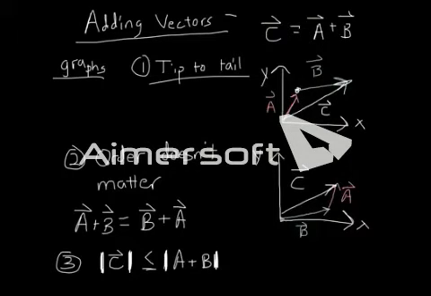Just to clarify these little bars, which usually mean absolute value, in physics and math, they are often taken to mean a magnitude. So the magnitude of a vector is less than or equal to the sum of its parts.